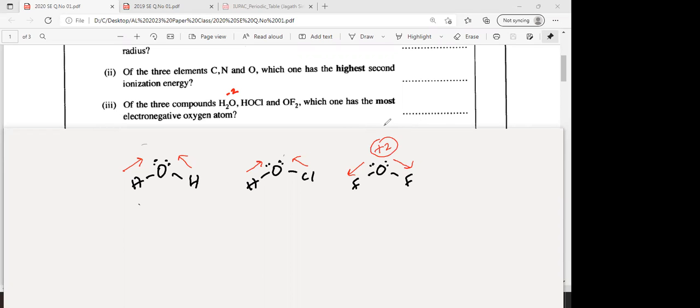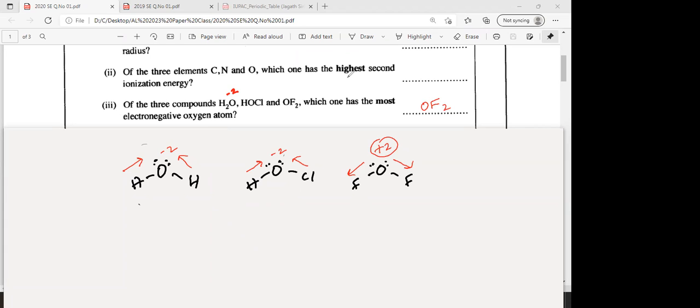Higher oxidation number, but no charge on any of these. Charge will also affect. Now you can easily decide: OF2 has a +2 oxidation number. Therefore, the most electronegative oxygen atom will be in OF2.